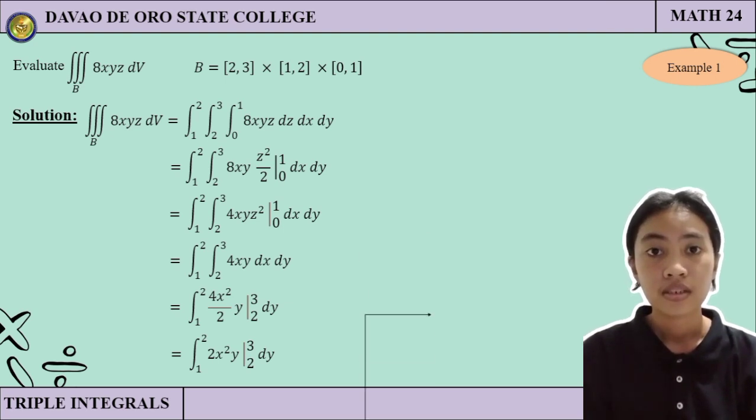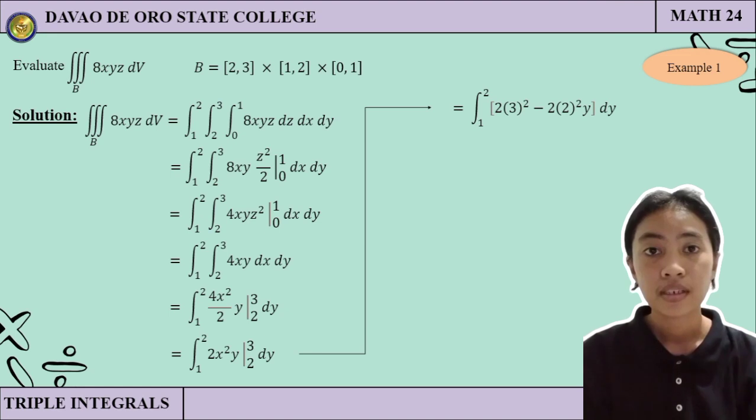So we will have the integral from 1 to 2 of 2 times 3 squared, which is the upper bound, minus 2 times 2 squared y, which is the lower bound, then dy.